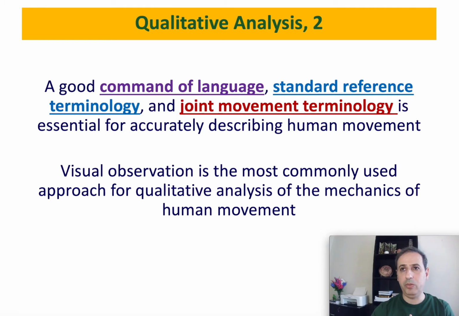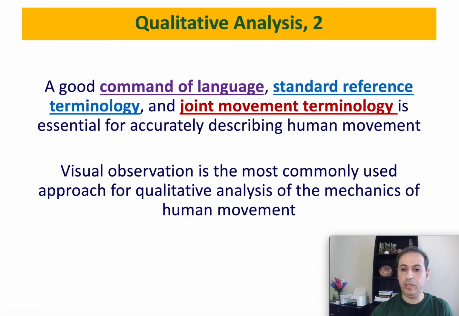We need to speak the same language as coaches, exercise scientists, and physical therapists. You can't say that you have, let's say, 15 degrees in the elbow joint range of motion without telling them which plane and what your axis of reference is. We need to make sure that we have a command of the standard reference terminology and the joint movement terminology used by our clients. As engineers, we need to make sure that we speak the same language as our clients.